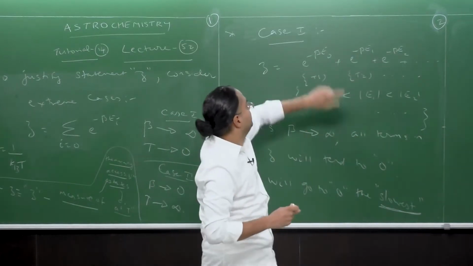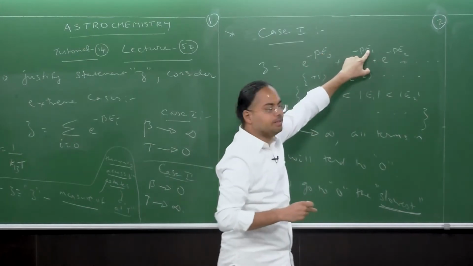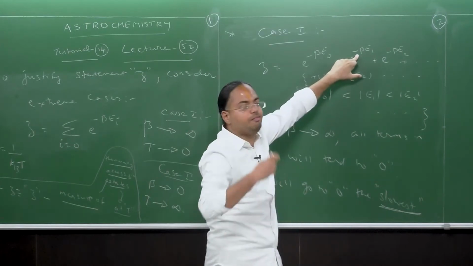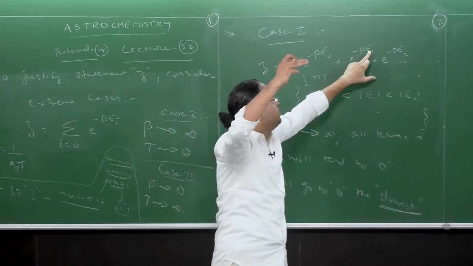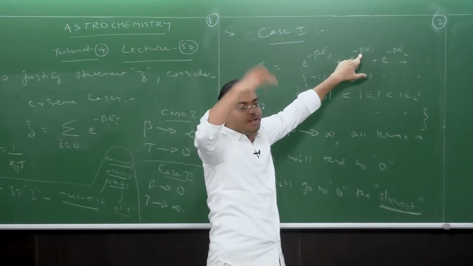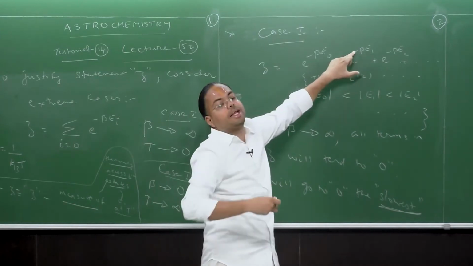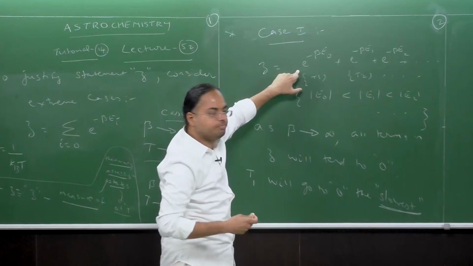Because T1 will go to 0 the slowest compared to the other terms: the exponent multiplying beta in the other terms is a larger number, and as beta tends to be very large, owing to the negative sign also, those terms approach 0 much faster than this term. Are we all good?